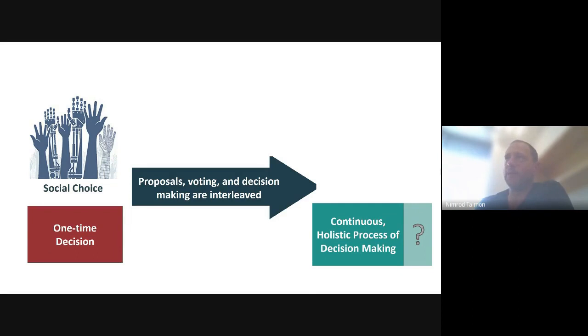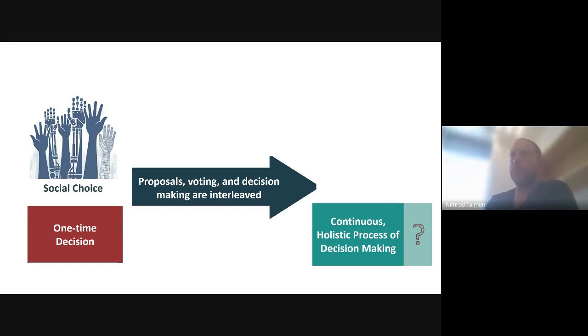And also, these are not just voting processes. In the real world, what really happens in communities is that community members can propose some suggestion to change the status quo, for example, or to start some kind of decision-making process. And then there is some form of deliberation or discussion that happens.